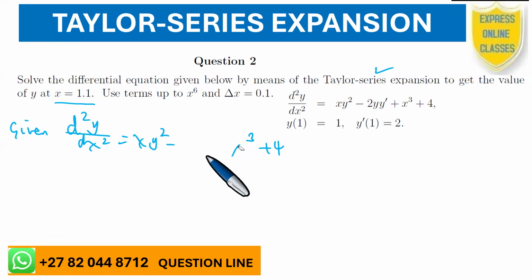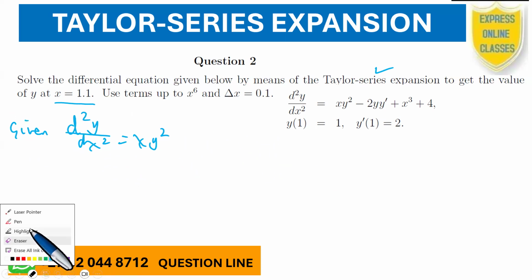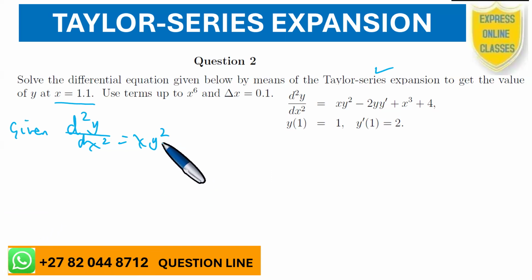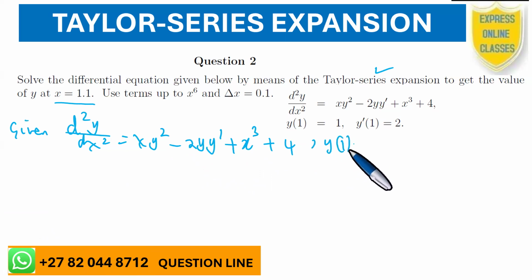Minus 2y prime plus x prime plus 4. And then you have that y at 1 is 1, y prime at 1 becomes 2.